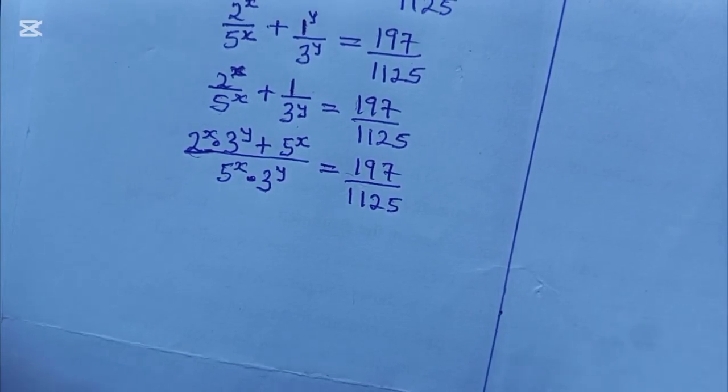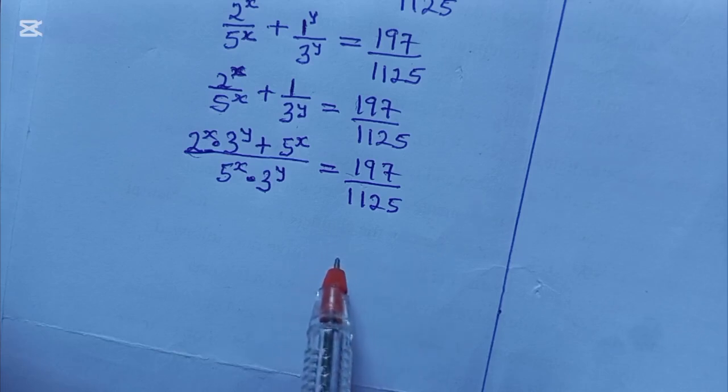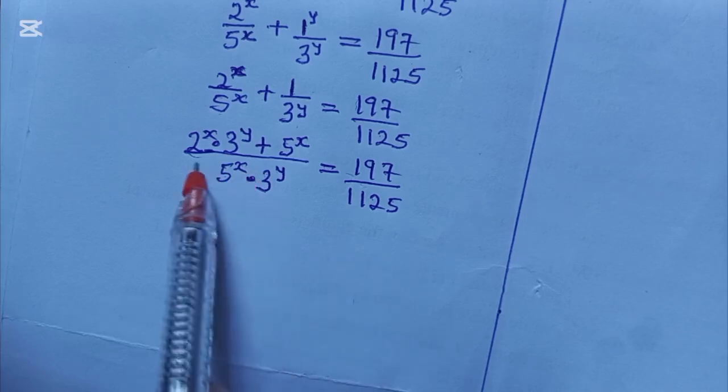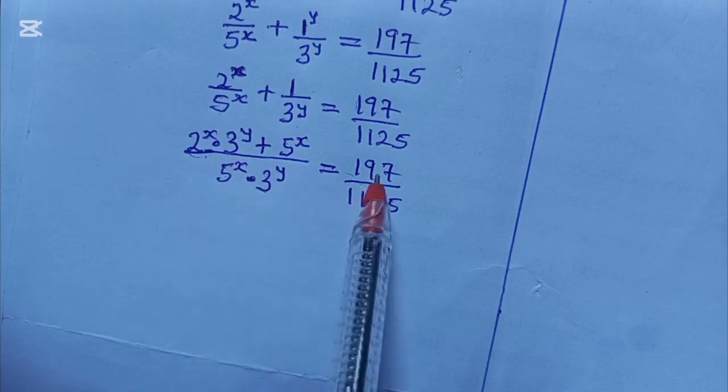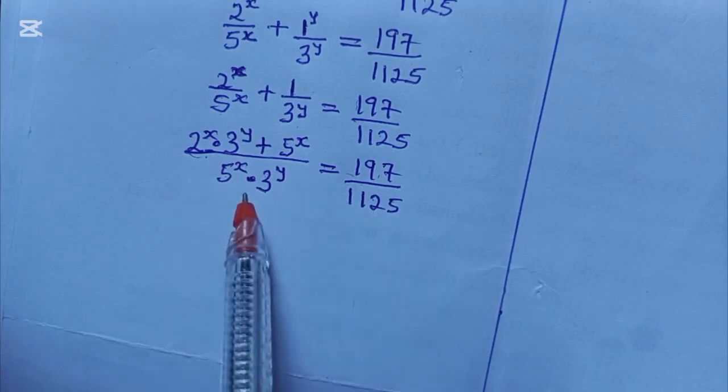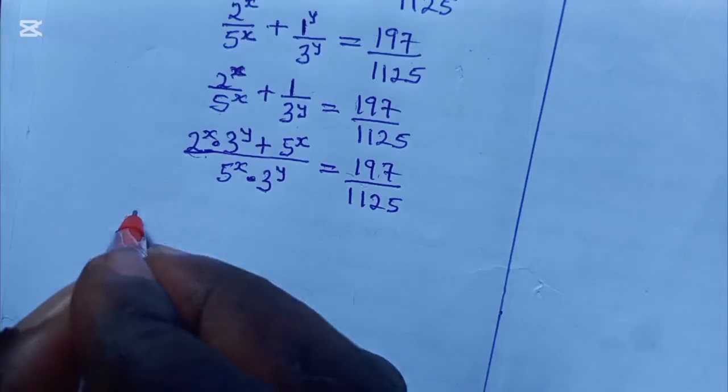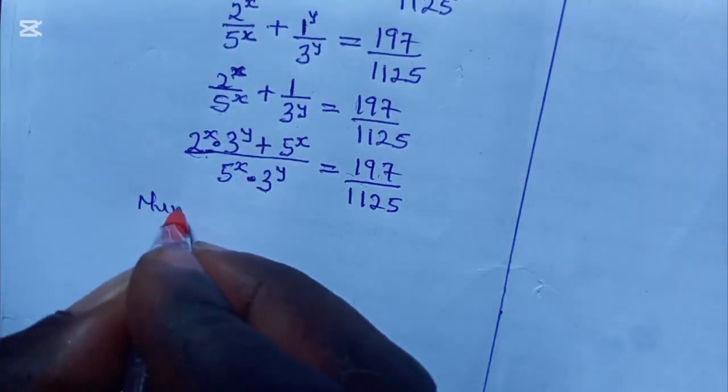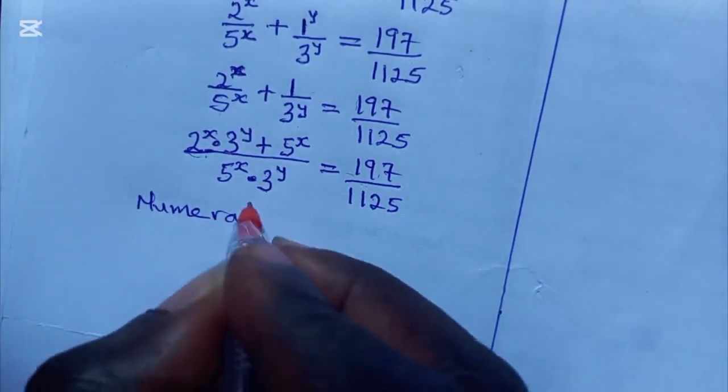So how do we do now? The next thing we are going to do here is compare the numerators and the denominators. Let's solve them separately. Let's solve the numerator first.